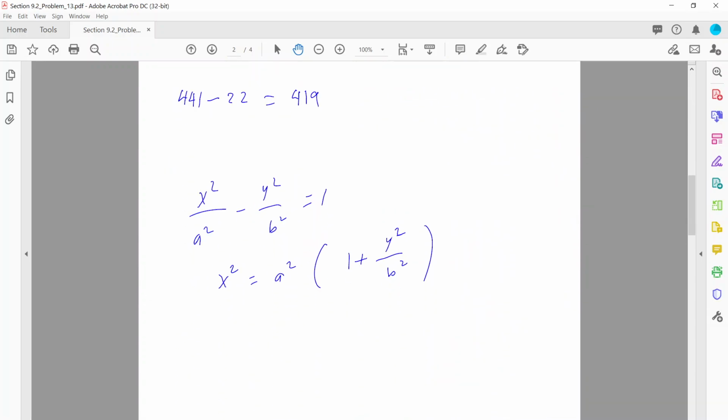So if I plug this value here, a square is 93 square, y square is 419 square. You don't care about the negative sign because it's squared.